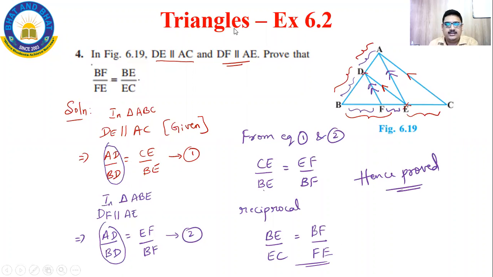Did you all understand this? Do you want me to repeat once again? This is a little tricky from a visualization point of view. If you consider wrong triangles, you will end up with wrong proofs and wrong statements. I will be uploading this video for your reference again tonight.